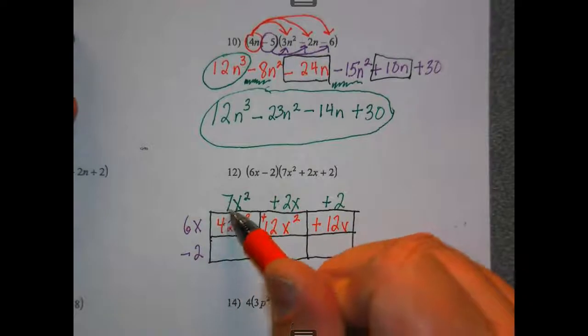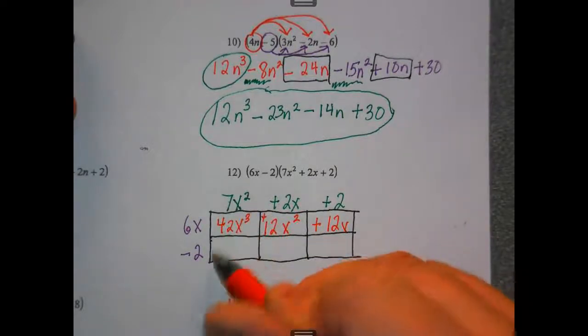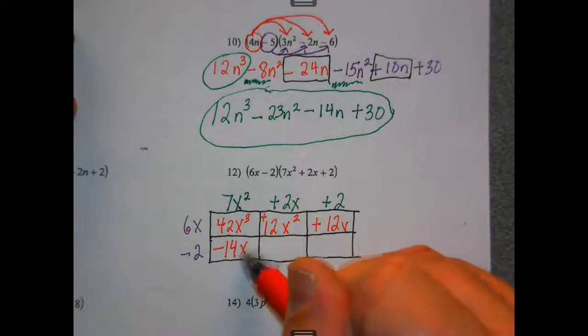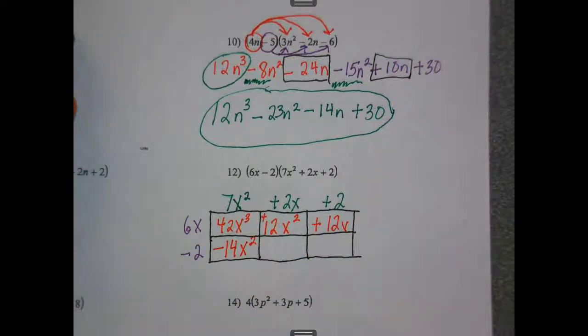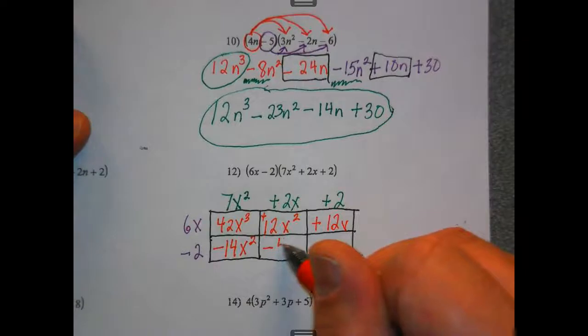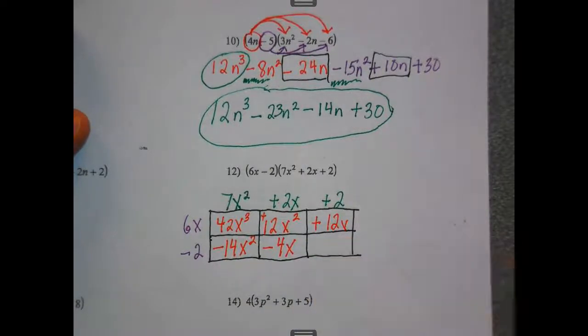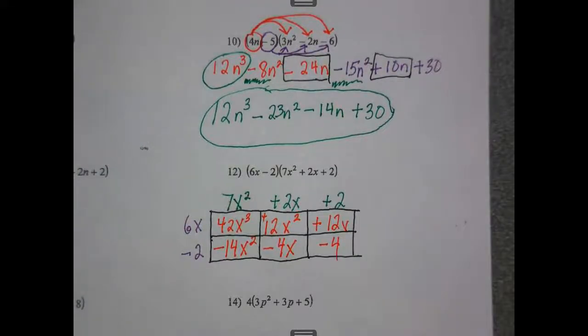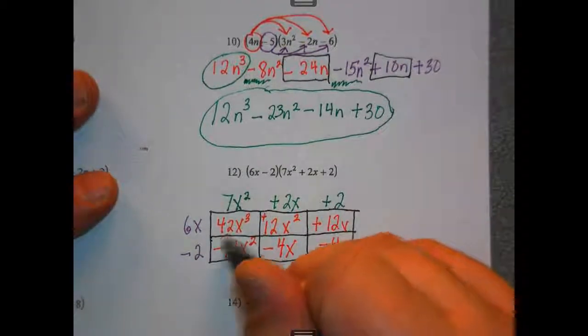Negative 2 times 7x squared is negative 14x squared. Negative 2 times 2x is negative 4x. Then negative 4. Okay, this one we're going to have diagonals to combine.